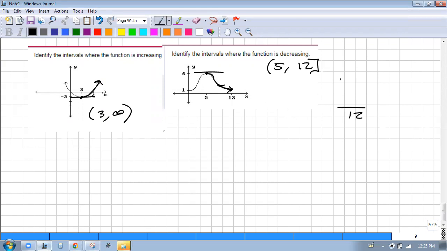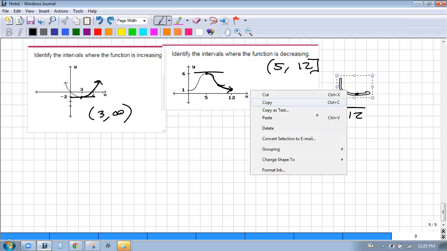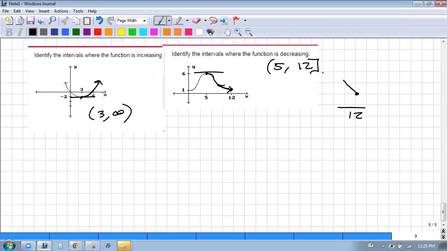If it was doing this, where at 12 it was 0, I would put a round bracket. But this looks more like this. It depends on how you want to interpret decreasing at a point. At a point, nothing is happening; points are infinitely small. So I would say it's a square bracket. I'd say it's decreasing at 12, but some people might say at 12 you can't increase or decrease, because you're at the end of the line.